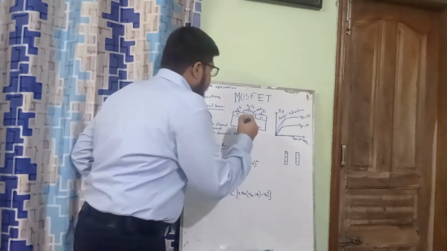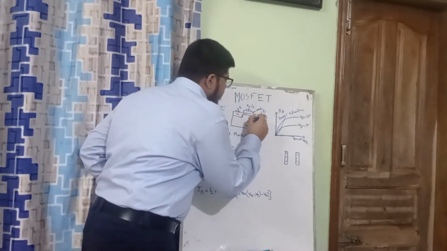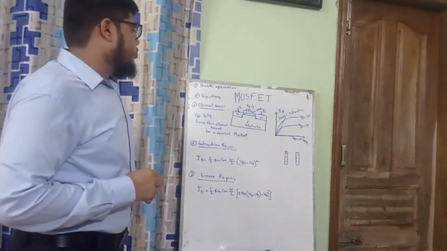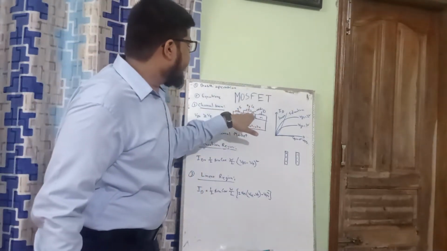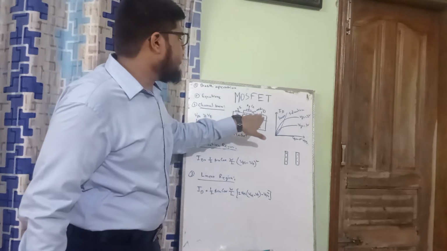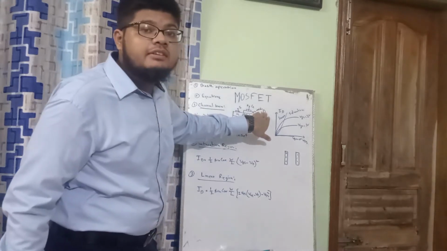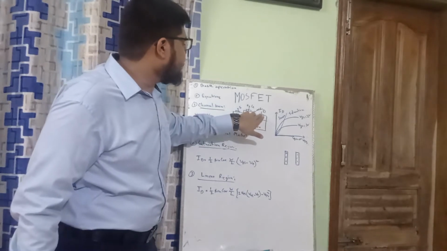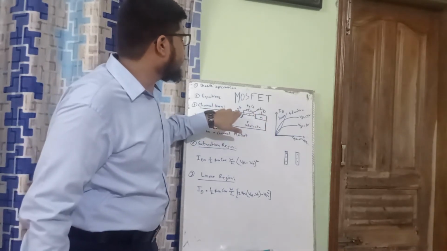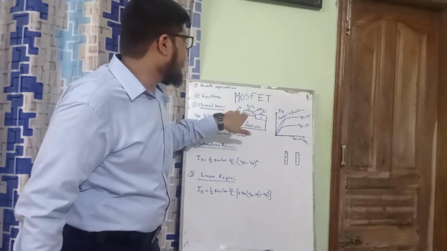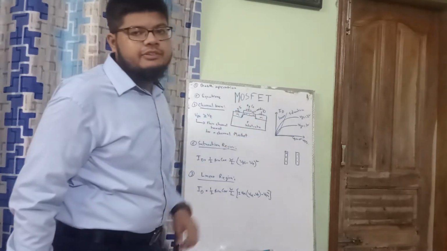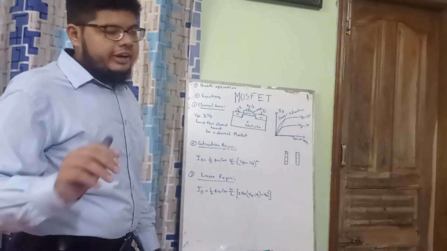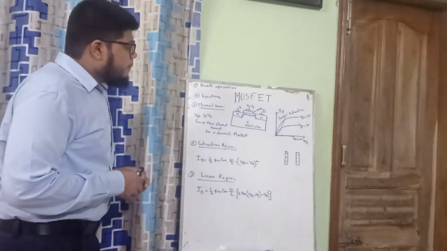As a result, this will be a channel. Now when the channel is formed, if you apply drain to source voltage, you will get a current from drain to source, which is electrons flowing from source to drain through the channel. I think you have understood.